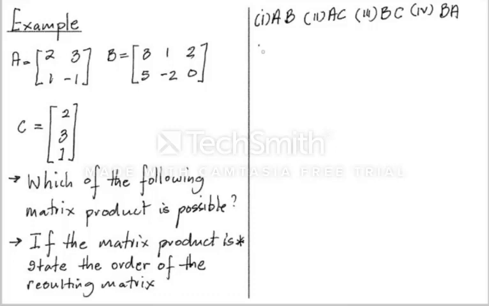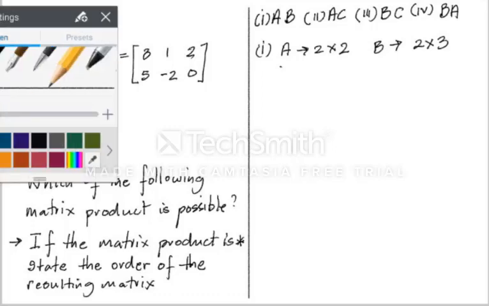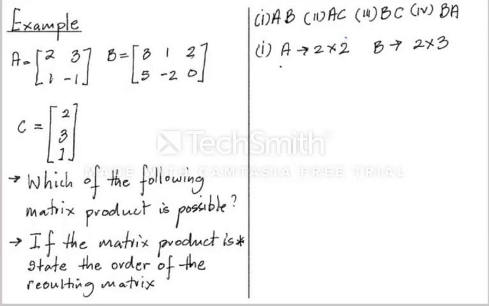So let's look at the first one. A is a 2 by 2 matrix, and B is a 2 by 3 matrix. So here, let's just change the color a little. The number of columns in the first matrix, which is 2, is equal to the number of rows in the second matrix.